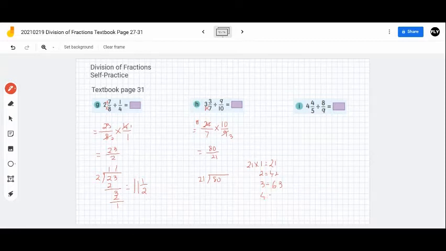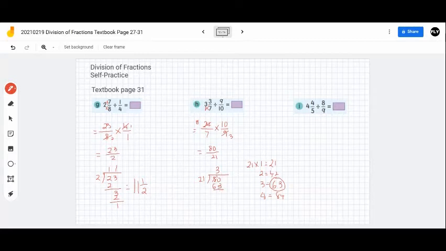And 4, 84. So choose the smaller number, which is 63. So 21 times 3 is 63.